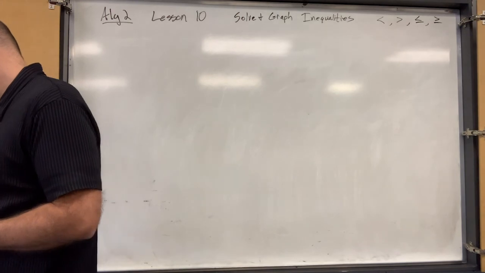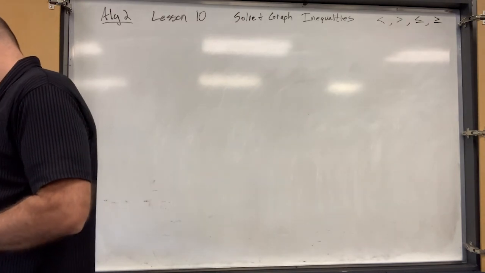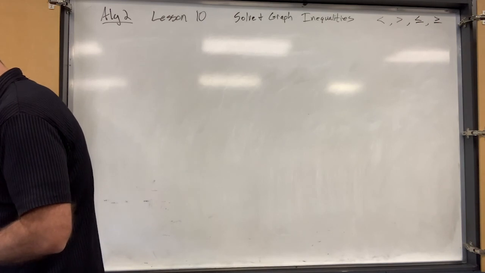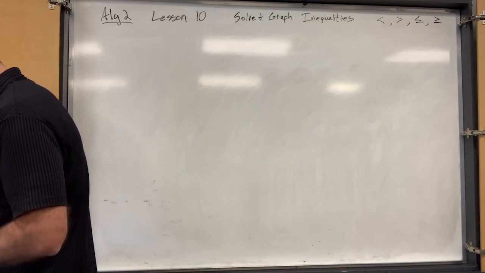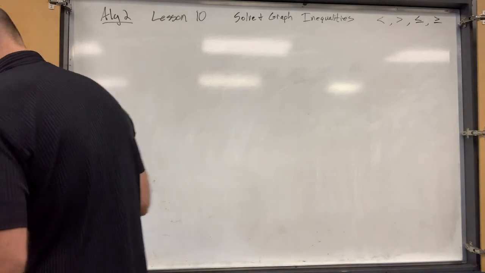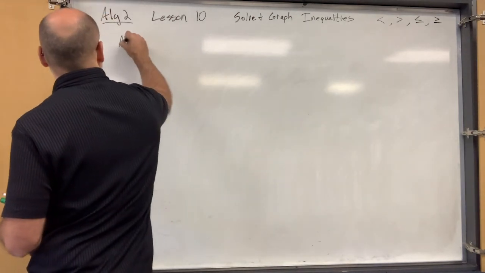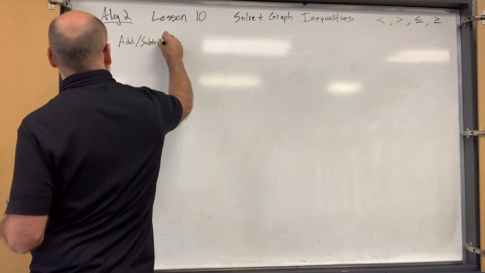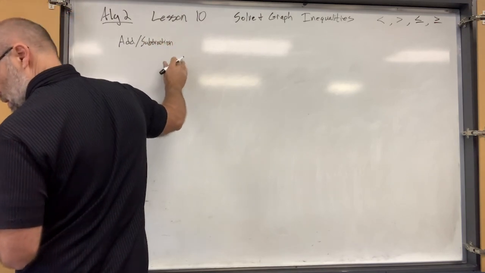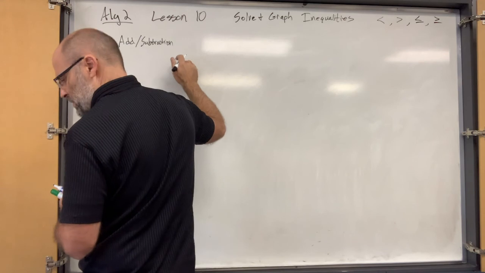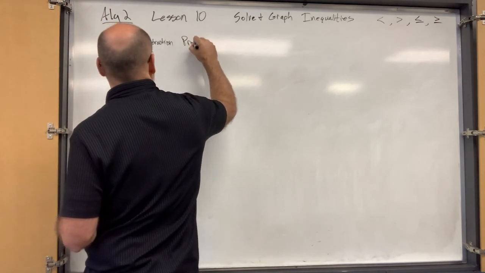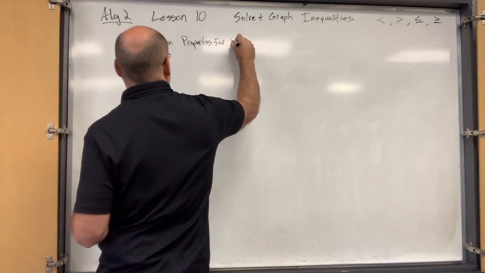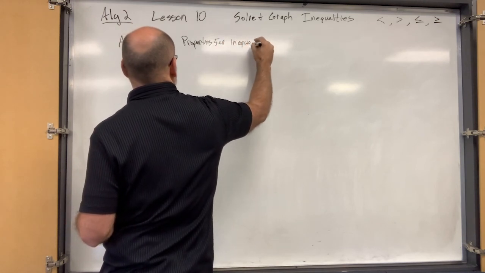All right. So there are some properties. These are, again, some duh properties, but some of them are not quite duh-ish. So addition and subtraction properties for inequalities. We're going to use A and B and stuff.